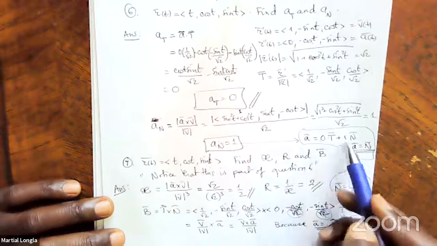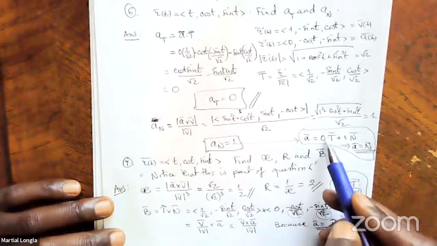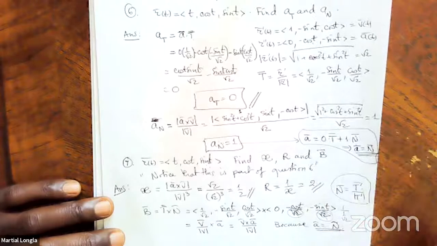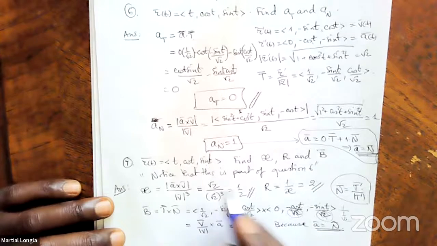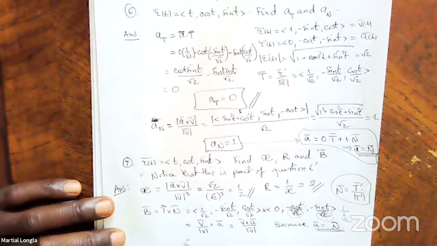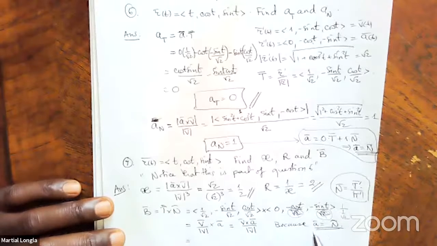If you already have the tangential component of the acceleration and the normal component, you can solve for N. And so because I already had this done here, I'm just writing this formula down to avoid having to do twice the same work, right?